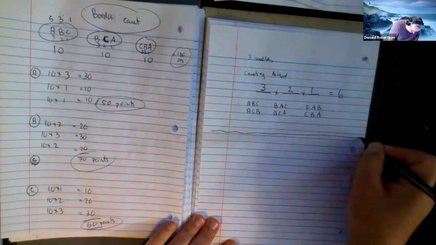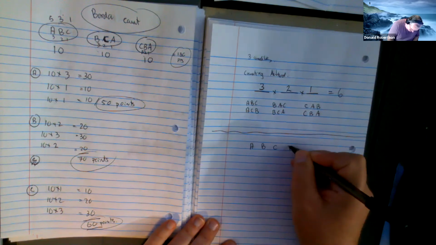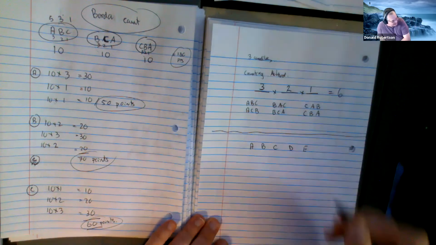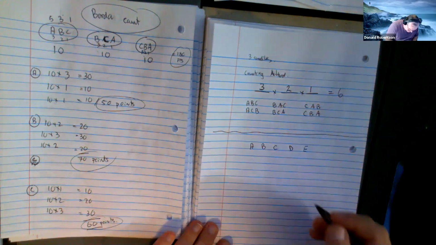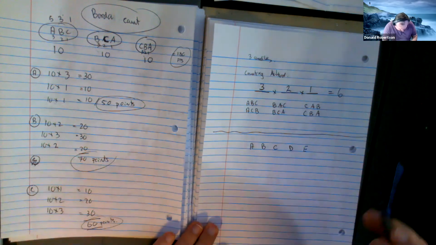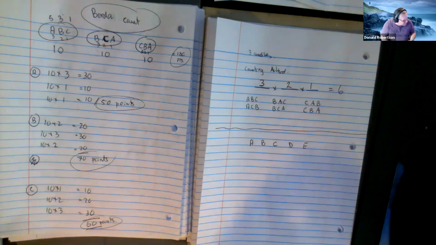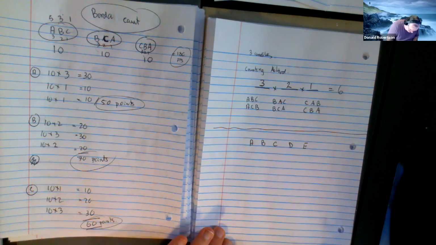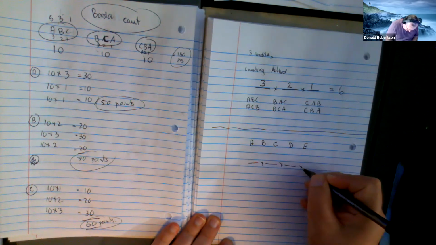Let's suppose we had one of the Italian elections and there were 5 candidates, A, B, C, D, and E. How many different ways could you pick from those 5? Now, 1, 2, 3, 4, 5.